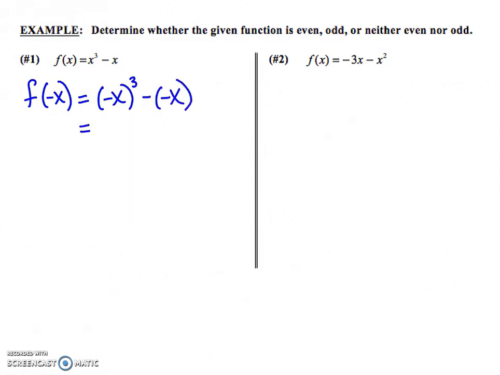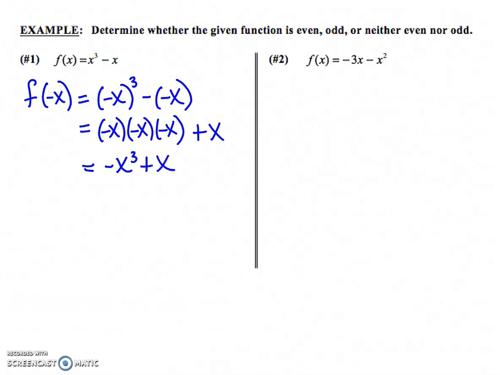Well, we know that negative x cubed means negative x times negative x times negative x. And then minus negative x, that's going to become positive x. And then finally, negative x times negative x is going to give us negative x cubed plus x. Well, if you compare that to our original function, what if we factored out a negative 1?